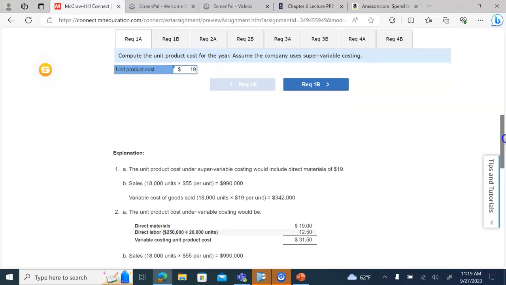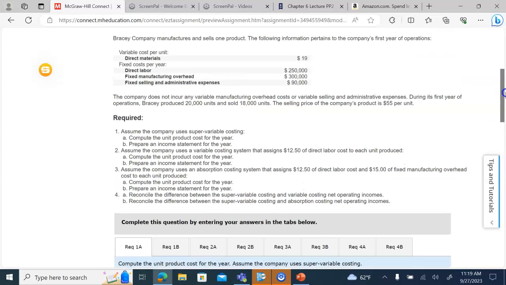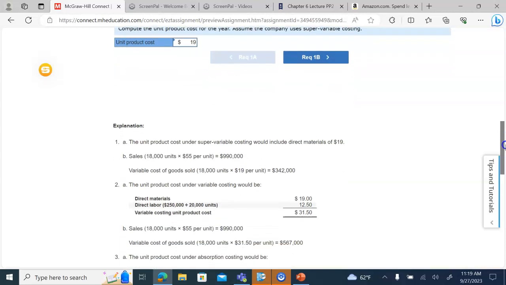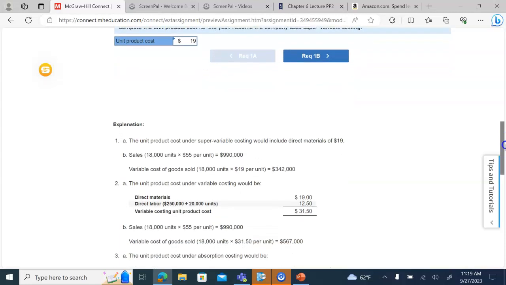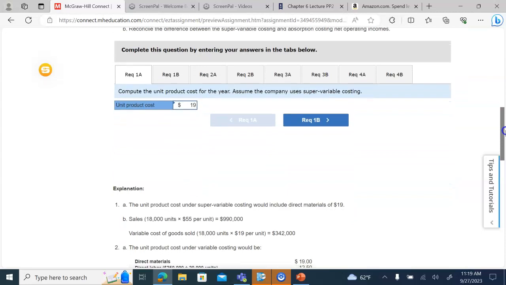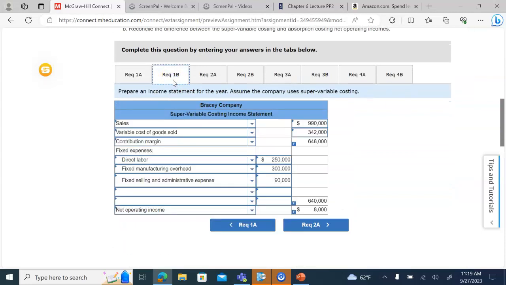So basically here, we're taking the direct materials of 19. The next, prepare an income statement for the year. Well, it told us what the sales were.